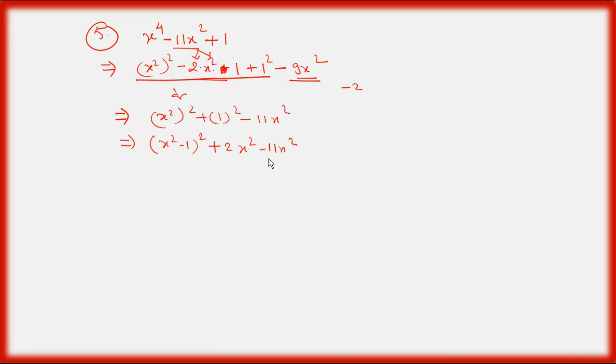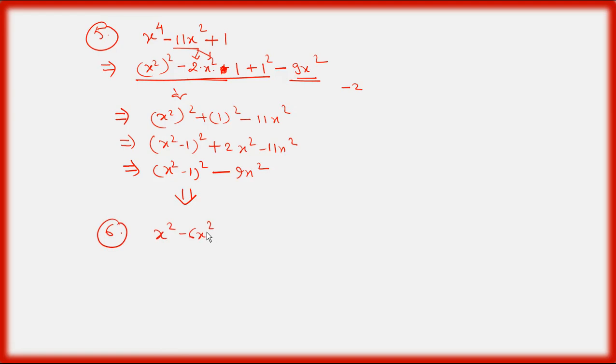Why am I using minus here? Because if I use plus sign it will be minus 2, and minus 11 becomes minus 13, which is not a square. That's why we apply this method, x square minus 1 whole square minus 9x square. Then further step you can do. I will not explain more than that.